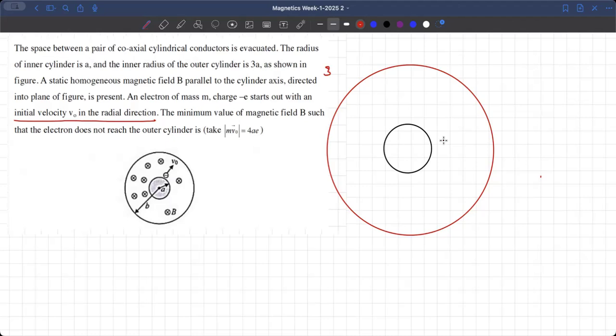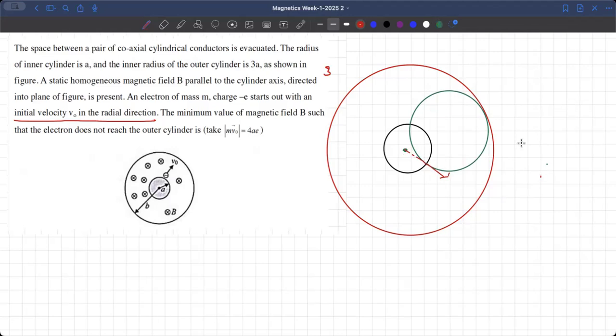Now I need to construct another circle. You see, this is the condition. Undoubtedly, you have projected it radially out.